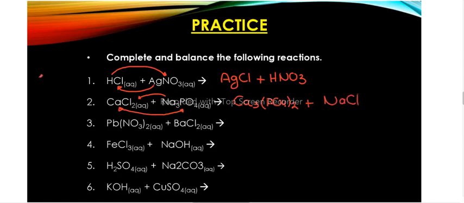Now, thinking about the balancing, you're going to find that you have a 3 and a 2 for the Na and the Cl, so you will look for a common factor between them. Then the phosphate is multiplied by 2, so this is a 2. The calcium is a 3. So now the chlorine and the sodium, both of them become 6, so your total is multiplied by 6 as a coefficient.